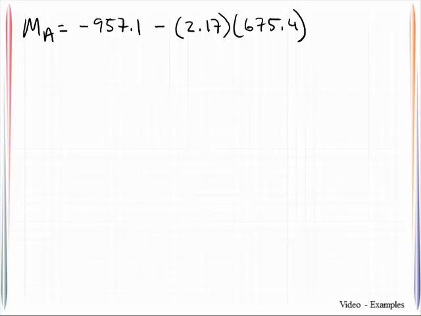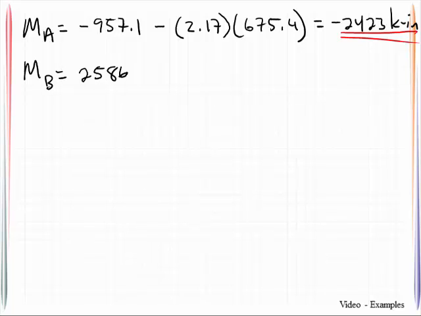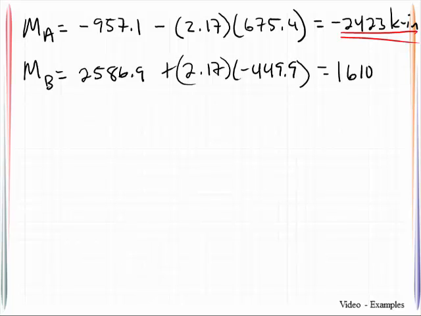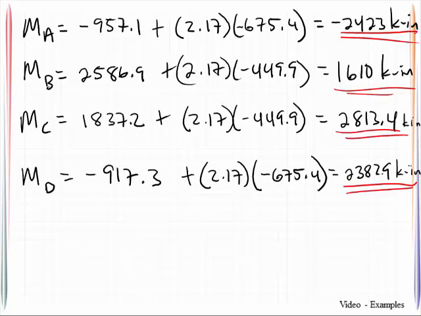I need to scale that up by 2.17, and that will be equal to negative 2,423 kip inches. I can continue. MB will be 1610 kip inches. Then in a similar fashion, you get the rest of the internal moments.